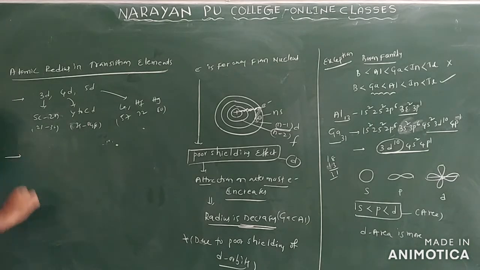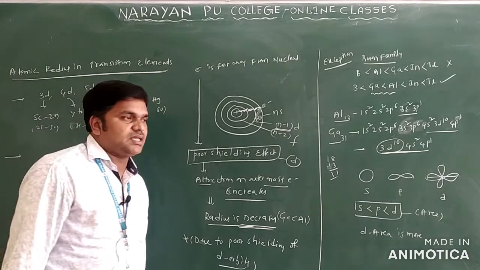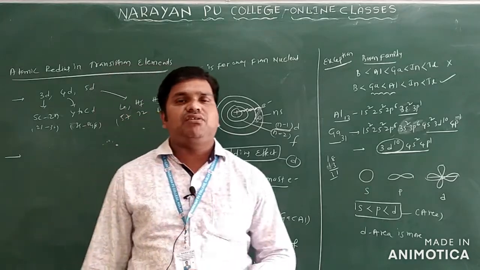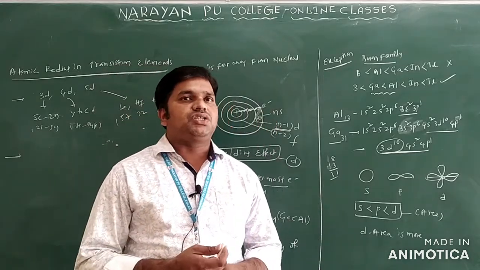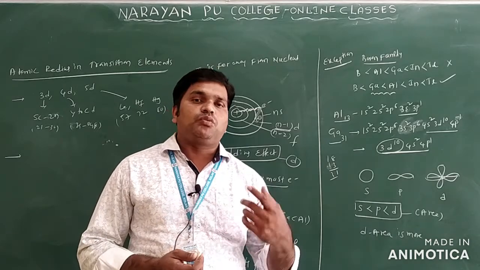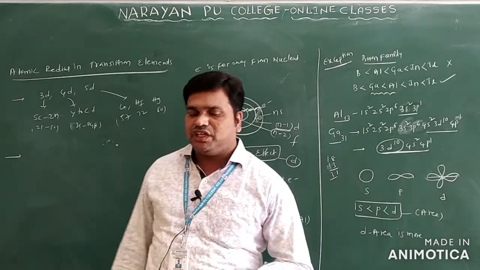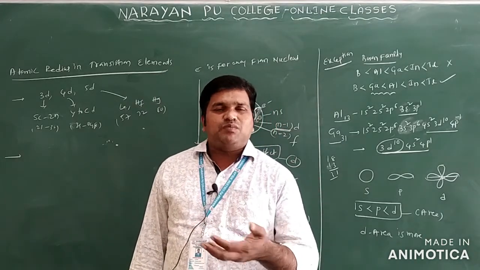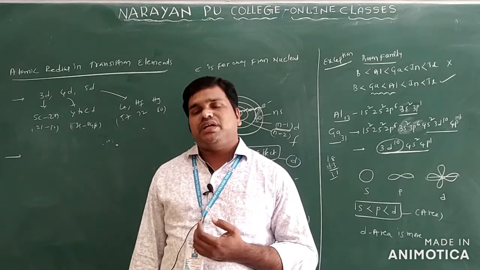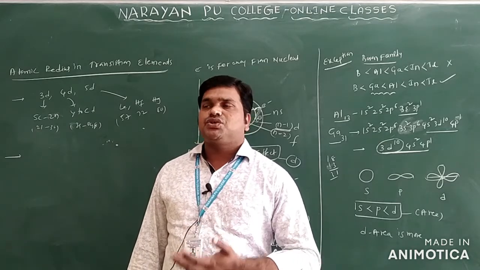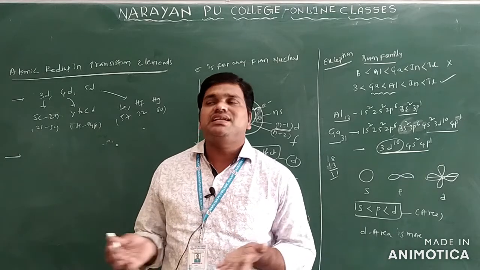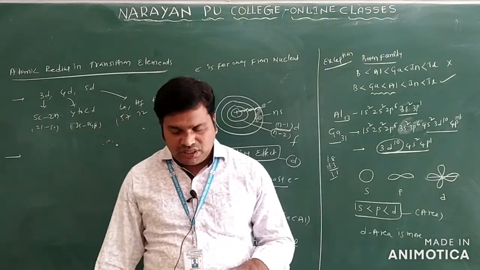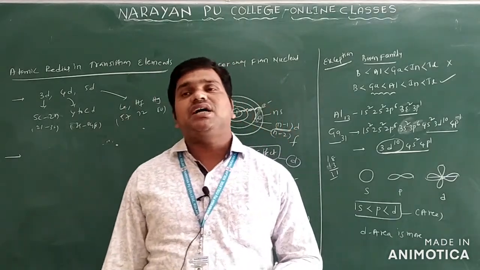In transition elements, the atomic radius does not follow a regular trend. In representative elements, across a period from left to right it decreases, and down a group from top to bottom it increases. But in transition elements, for a few elements atomic radius decreases, for a few it becomes constant, and for a few it increases.